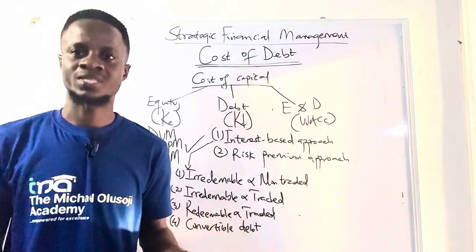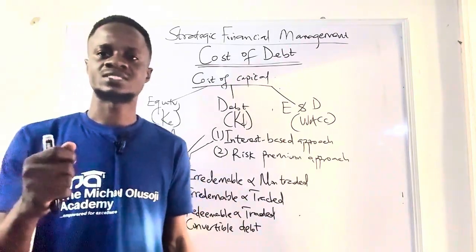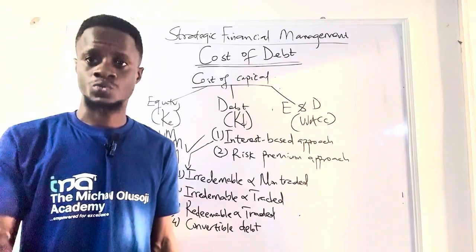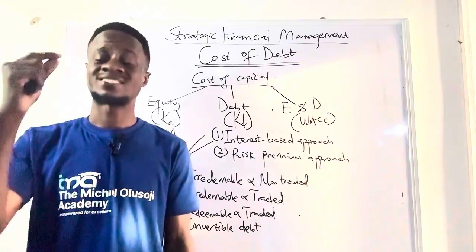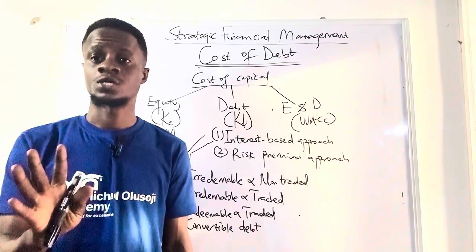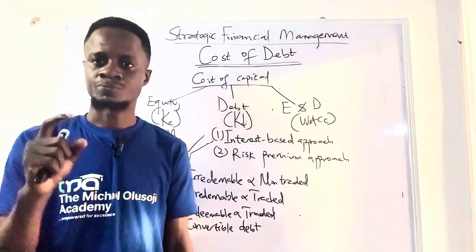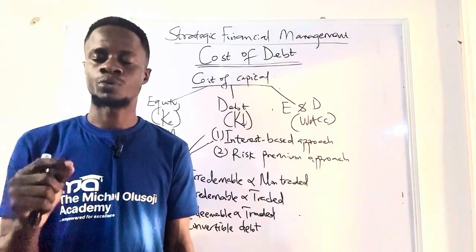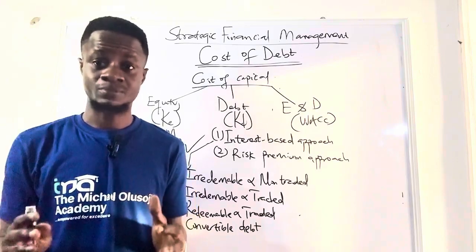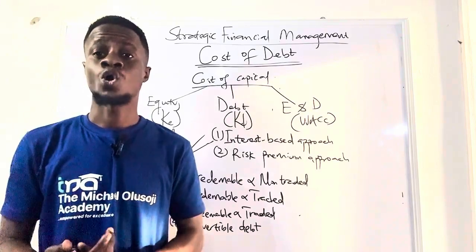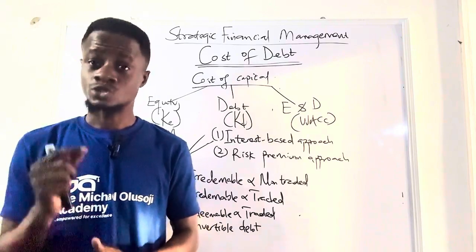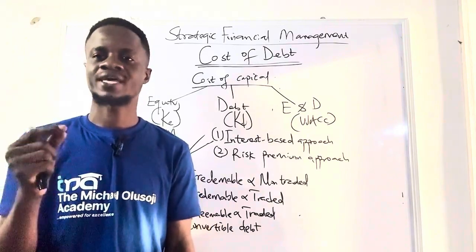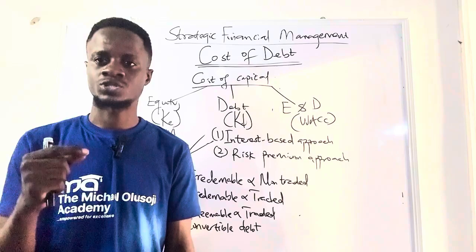And a solid example could be that your uncle decides to borrow money from you and tells you that for the rest of your life, I'm going to give you interest, but I'm not going to give you your principal amount back. Maybe your uncle borrows 100,000 naira from you, and he tells you not to expect this principal amount back.